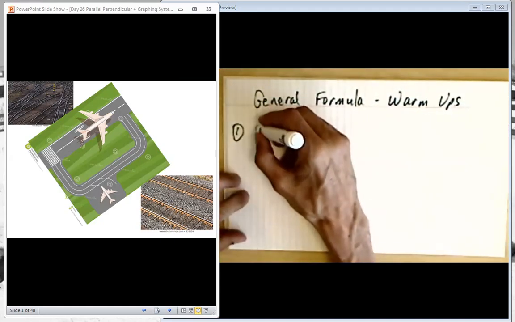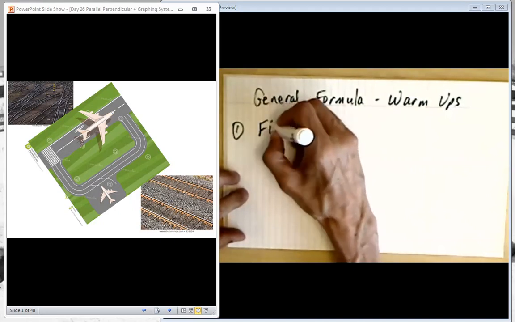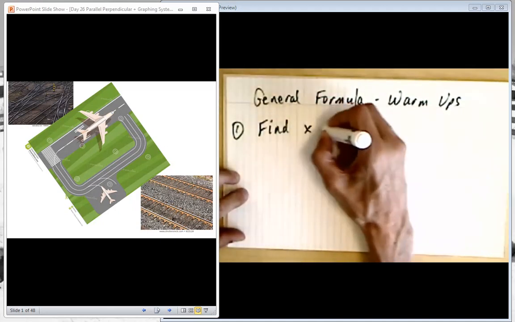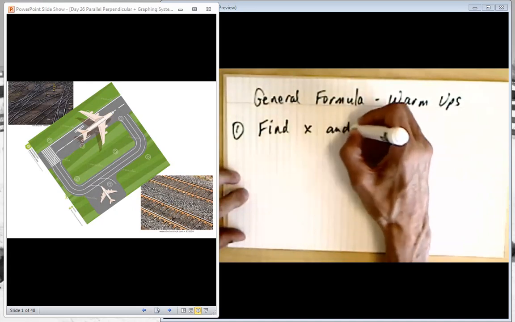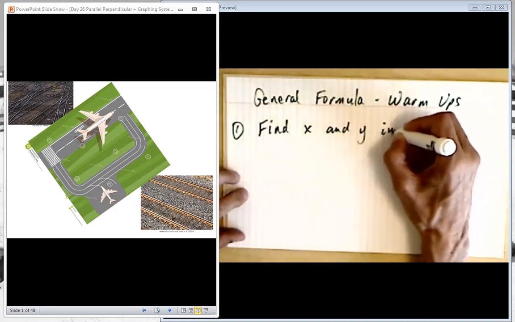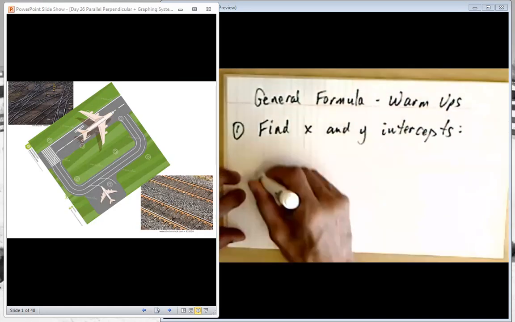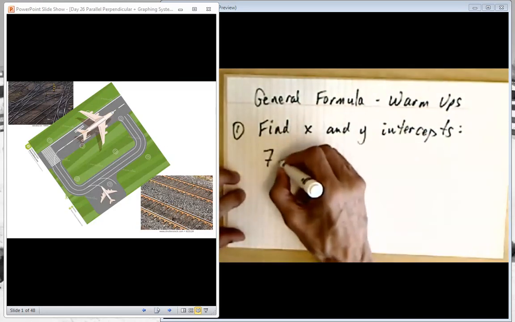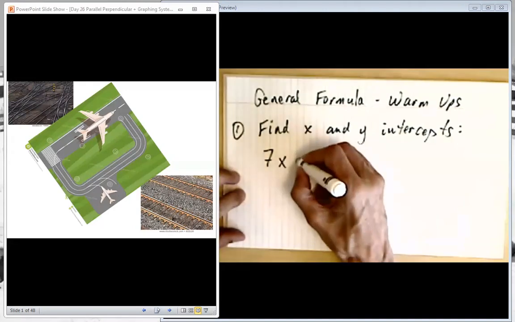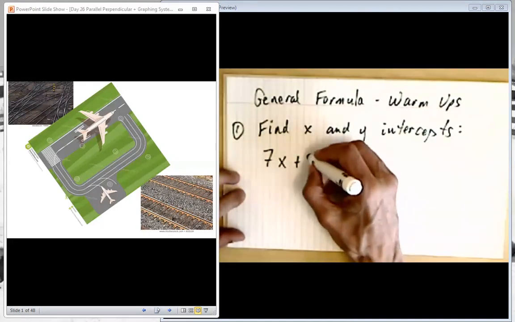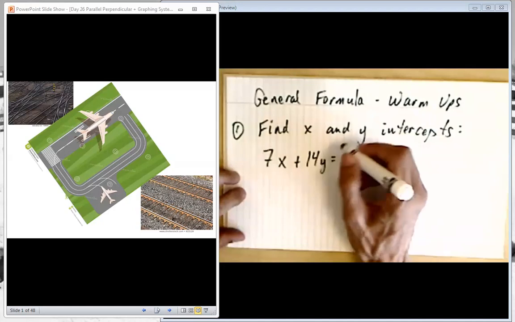Draw a graph of, or first, find the x and y intercepts of this line here. 7x plus, what would be good? 14y equals 21.